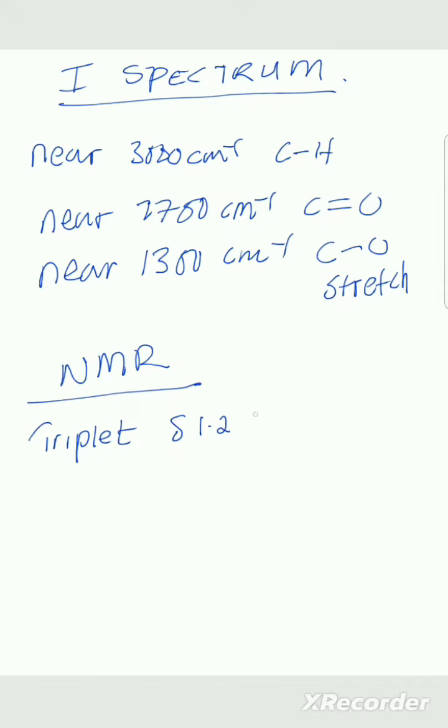Then how many hydrogen? It was 3, like this one. Connected to what? These are the things that we need to write here. So connected to CH2.